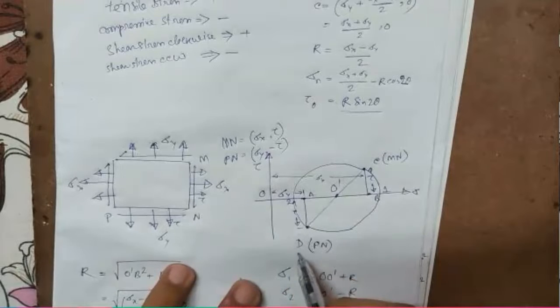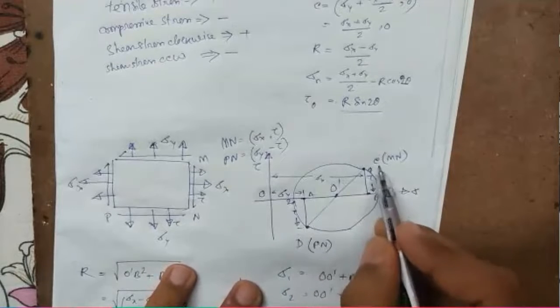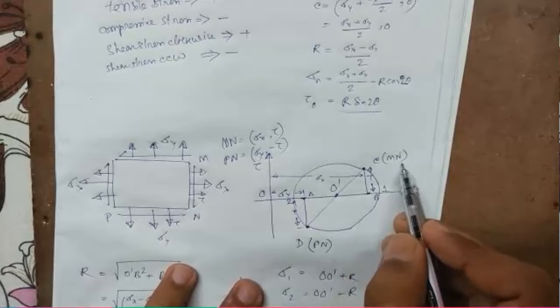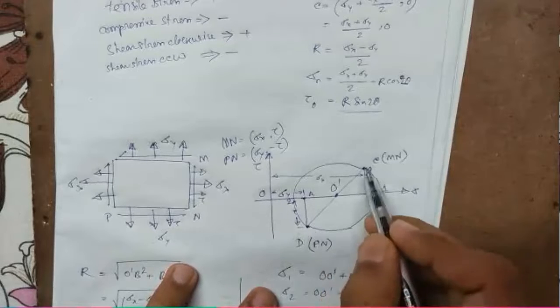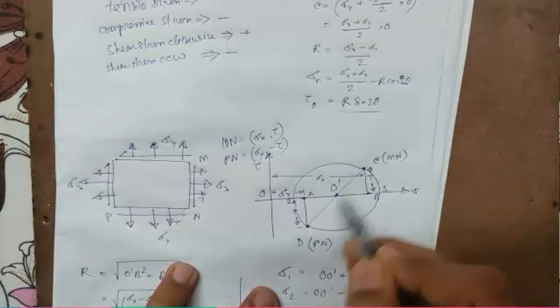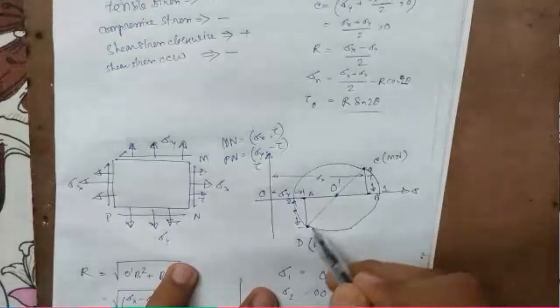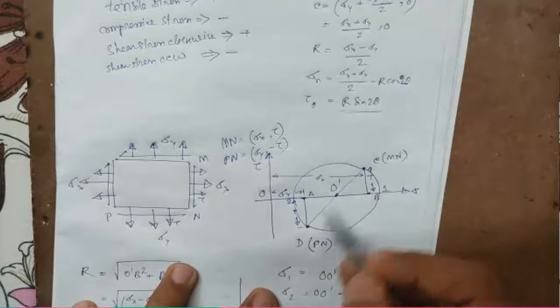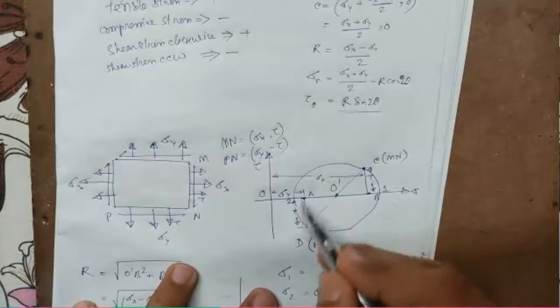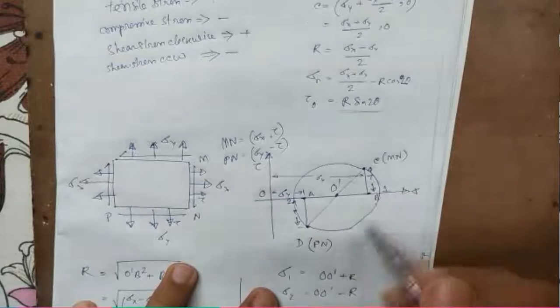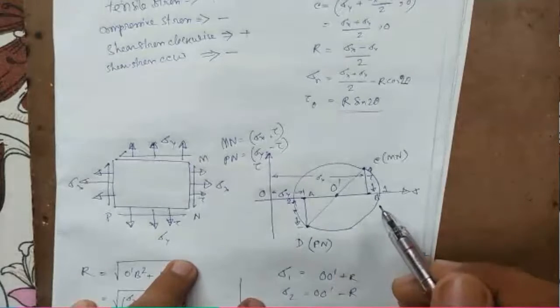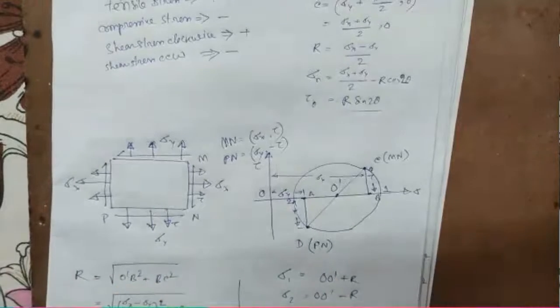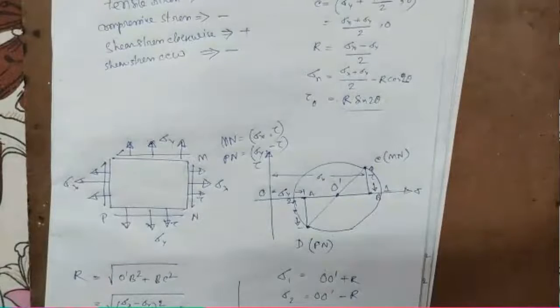So D point represents PN and C point represents MN. When we get the CD, we know that we have found the diameter of the Mohr circle. Now we take these 2 points and draw a circle. That will be our Mohr circle. Okay, up to this point clear how we have got Mohr circle?